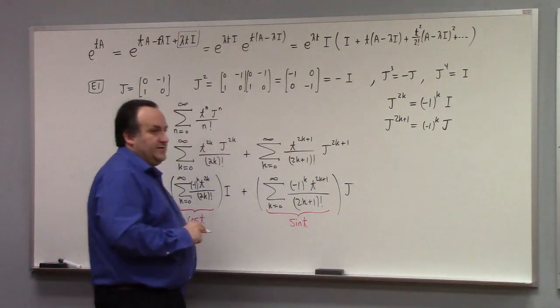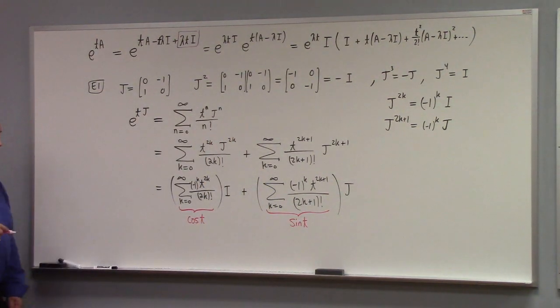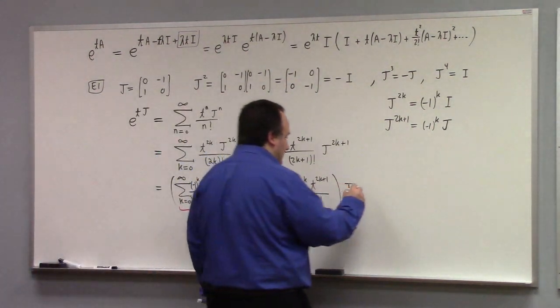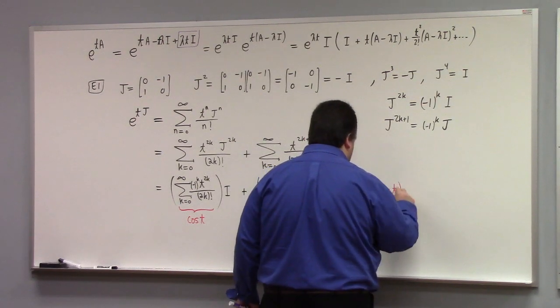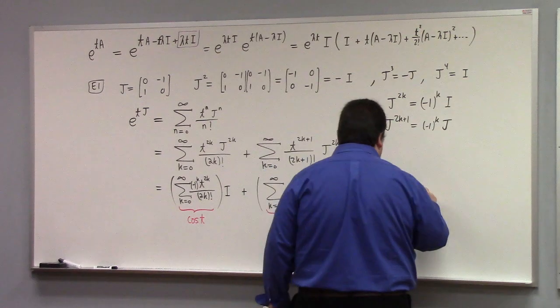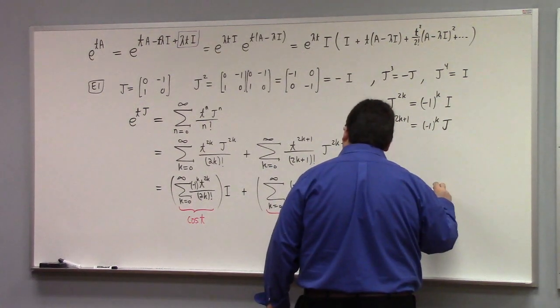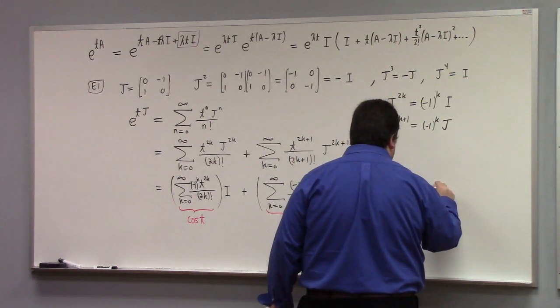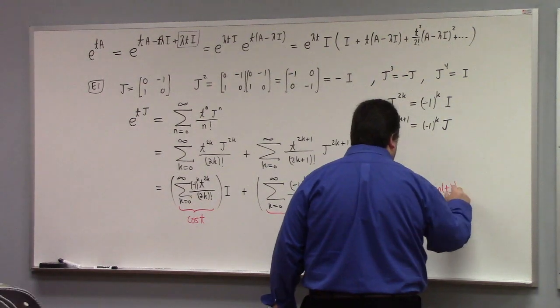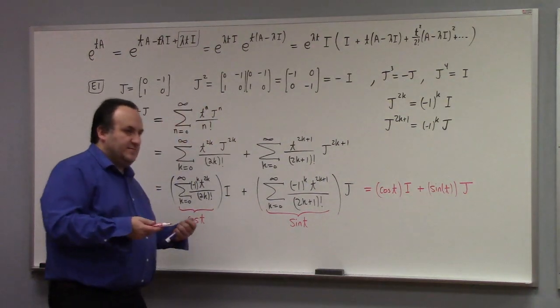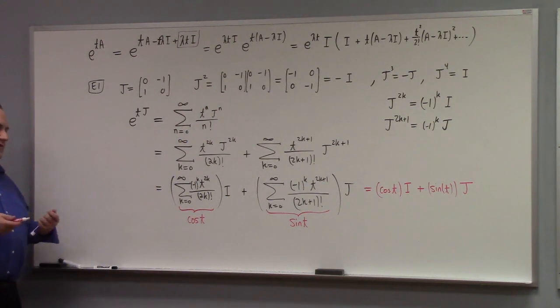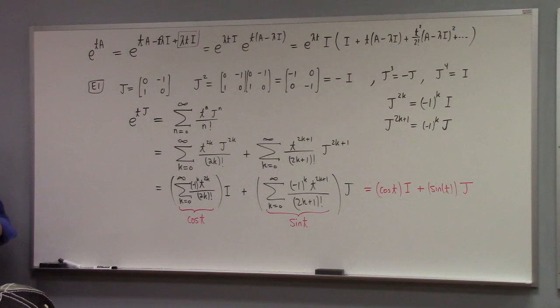If you like, you could use that to define the sine. And so what we have is that e to the tJ is in fact just cosine of t times I plus the sine of t times J. So this example is somewhat precious in that it wasn't that hard to calculate the matrix exponential directly.